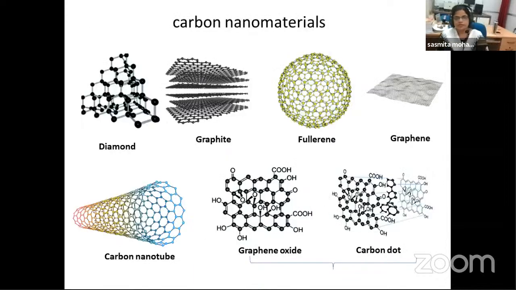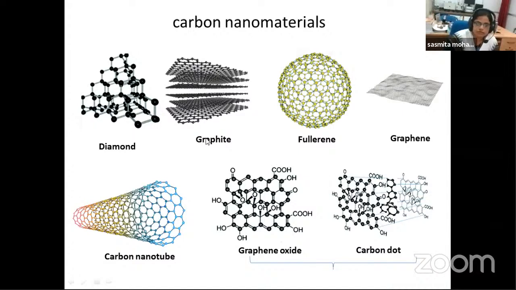Now, why are carbon materials so special for theranostic applications? Just for your view, there are various carbon allotropes available till now, like diamond, graphite, fullerene, graphene, carbon nanotube, graphene oxide, and an emerging carbon allotrope, the carbon dot, which in many citations has been reported as carbon quantum dot.